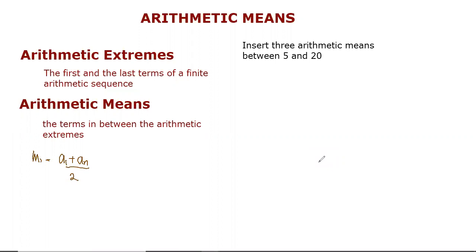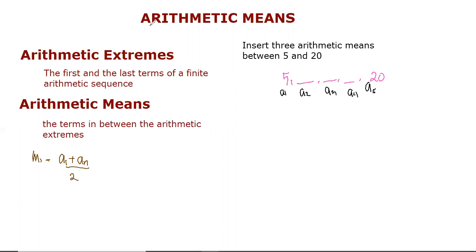Okay, as we illustrate this sequence, we have 5, then 3 arithmetic means, so 1, 2, 3, and the last term is 20. Kapag isusulat po natin yan as the terms, we have a sub 1, a sub 2, a sub 3, a sub 4, and a sub 5.